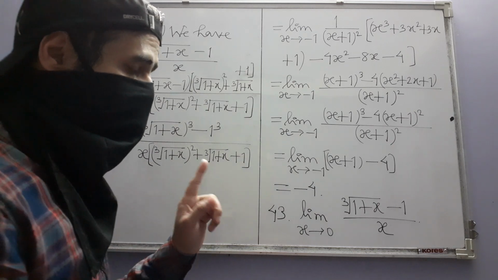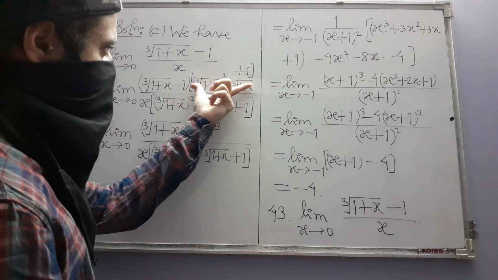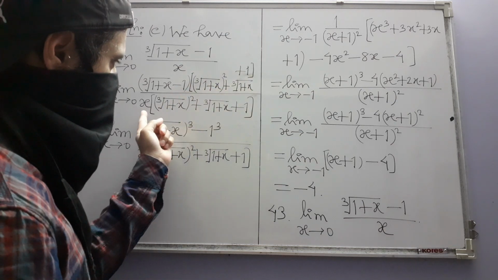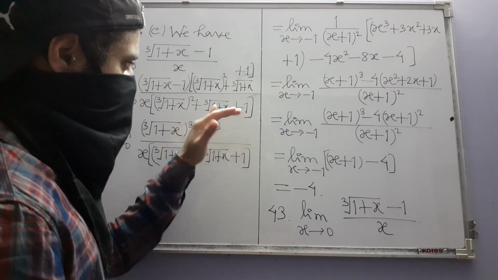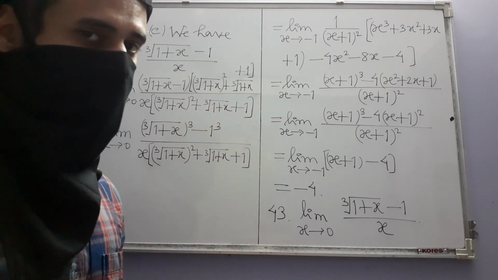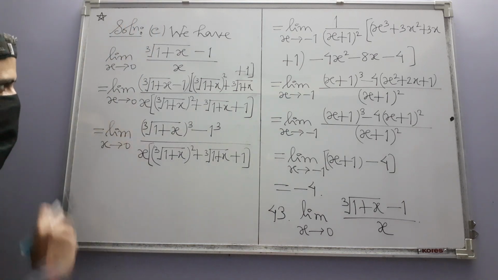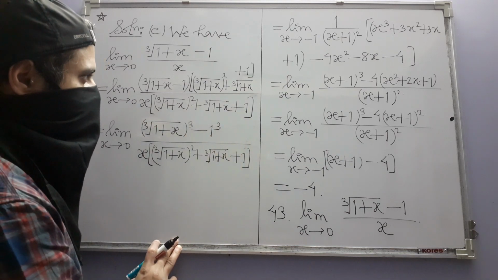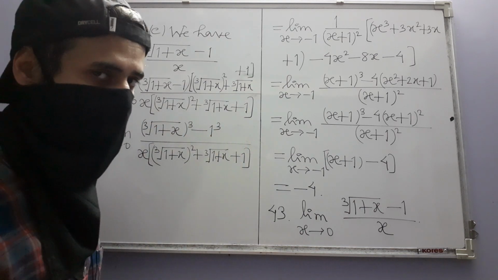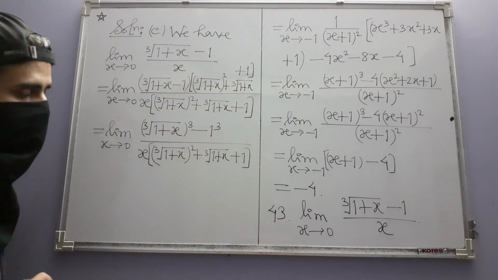But you note one more thing, we have just multiplied and divided by this quantity. You have to make sure that the quantity itself is non-zero. As x approaches 0, is it possible for this to be 0? Obviously not. That is why we are able to do this.